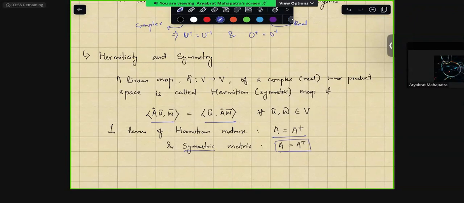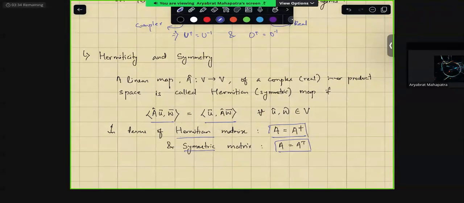And if your matrix contains complex entries, then its symmetric property is known as hermiticity, and the matrix is called a Hermitian matrix. The condition is A equals A dagger.